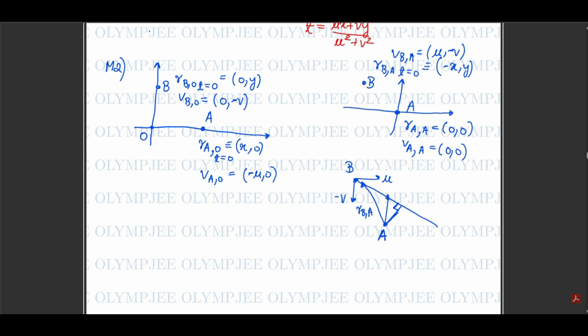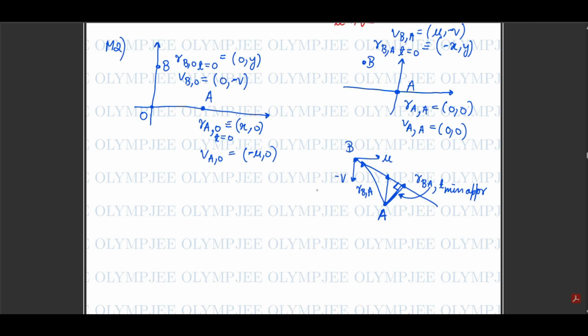At some random t, it will become this. And at the time of minimum approach, this will be this. So we can see that the velocity of B will be perpendicular to R_BA at the time of minimum approach.